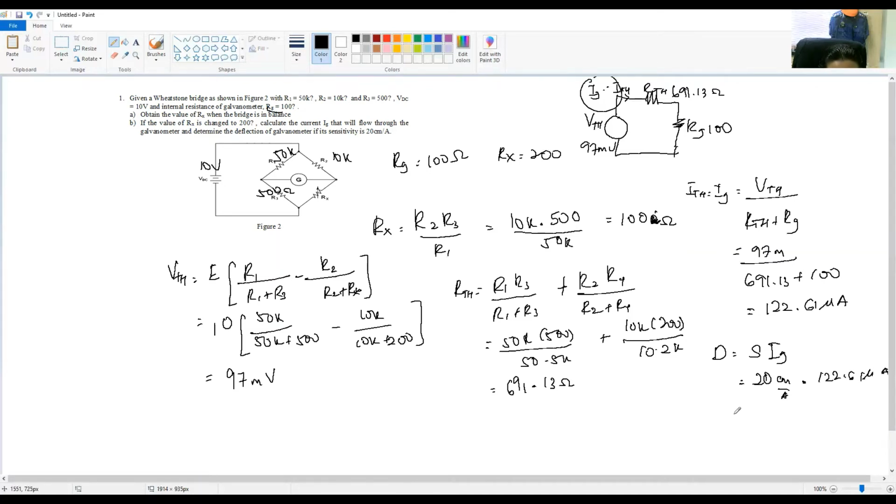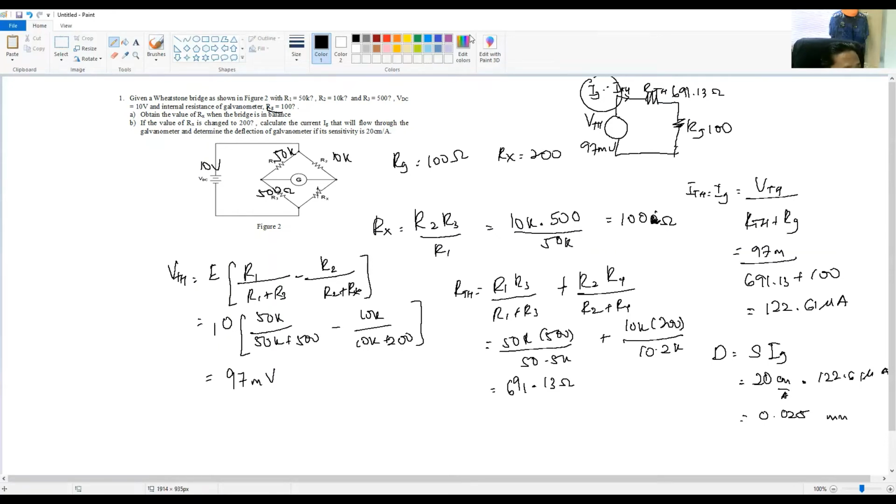Cancel out the ampere, so the deflection is 0.025. Maybe you can convert to milliamp, then multiply with the current here. So that is question number 3.